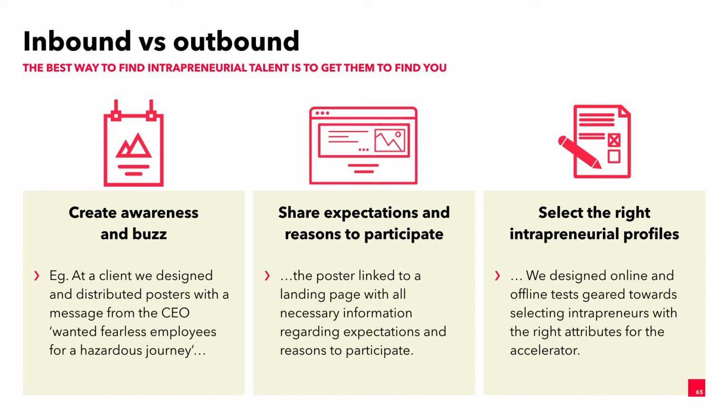So we created a lot of awareness and buzz. There was a message from the CEO that fearless employees were wanted for a hazardous journey, sort of referring to the age of exploration when they were looking for people to go on the first trip to Antarctica. That created some awareness and buzz, and people who are interested. So that's already a selection tool.